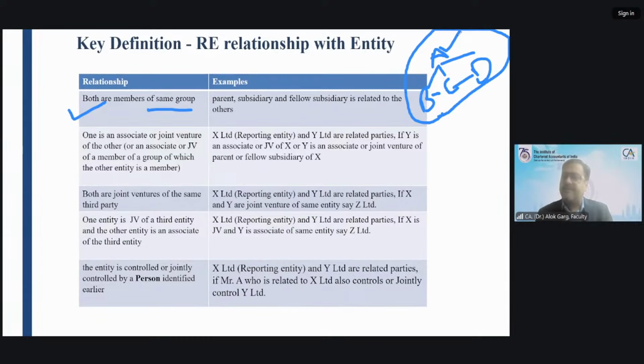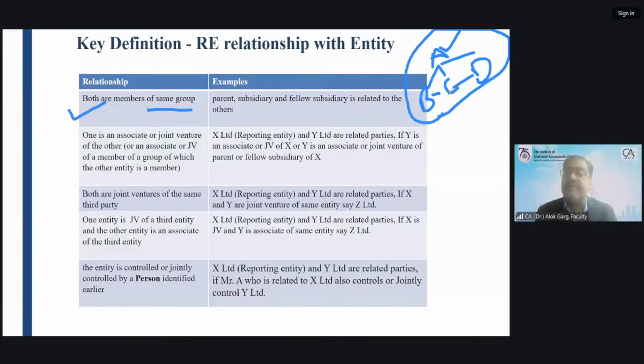A is the parent. B, C, and D are each a subsidiary of A. Between A and B, A and C, A and D, the relationship is clear: one is parent, one is subsidiary. But between B, C, and D, they are fellow subsidiaries.